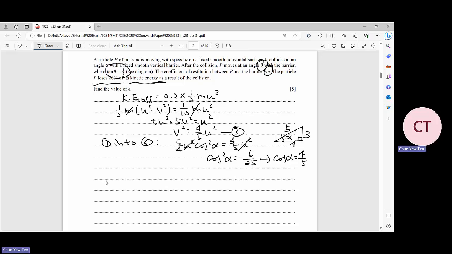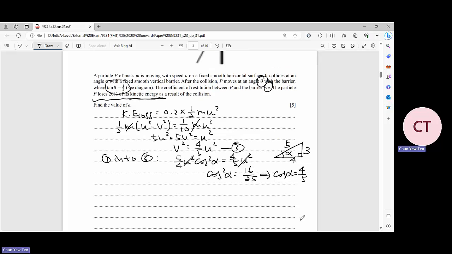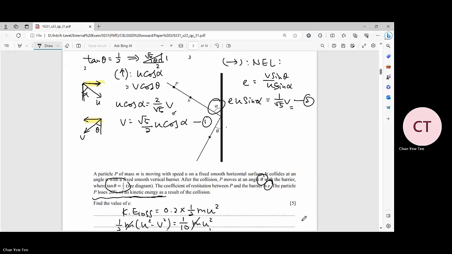So now we consider these situations. Taking alpha, we already have cos alpha, we have sin alpha. Actually, we want to find the e. So to find the e, let's take equation number 2 divided by equation number 1.